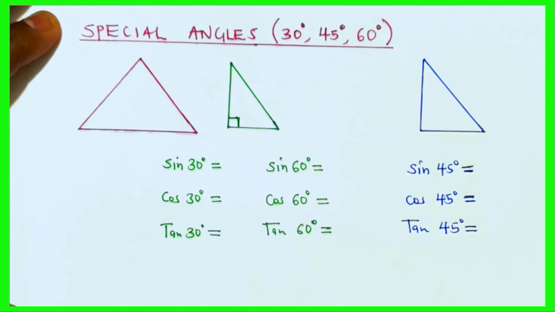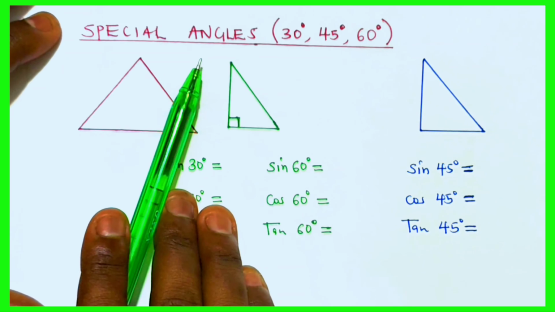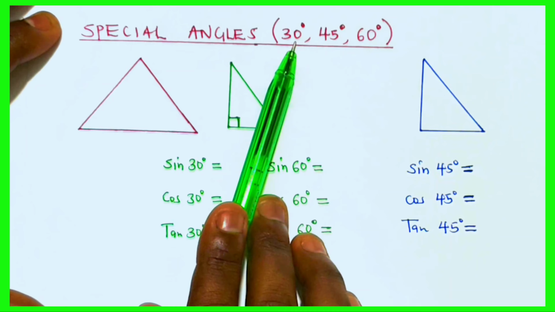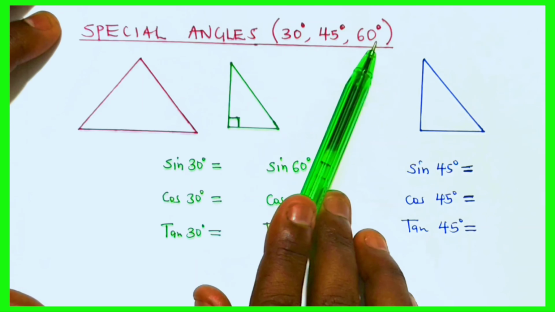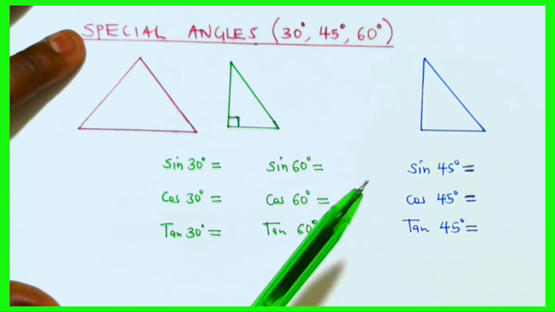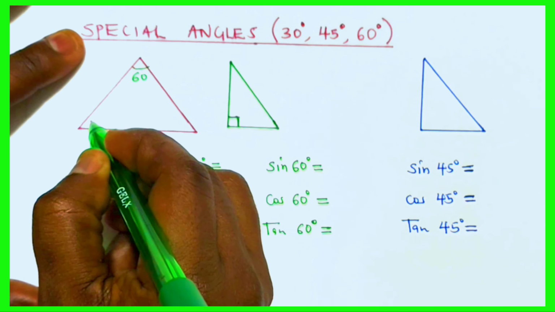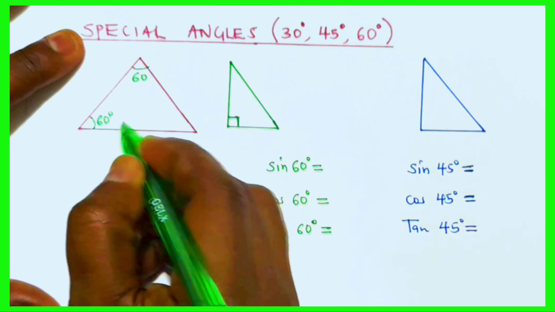You also need to have the knowledge of special angles, and this represents the angles of 30 degrees, 45 degrees, and 60 degrees. Now, for the angles 30 degrees and 60 degrees, we normally find them by considering an equilateral triangle here, where its angles are 60 degrees each.